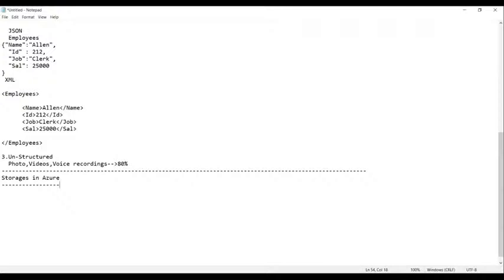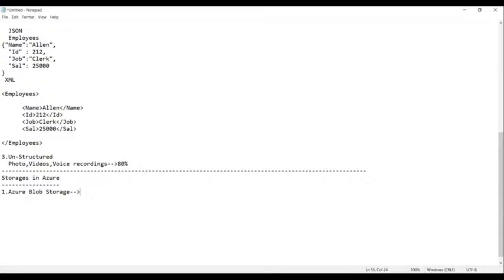The first and foremost one is called Azure Blob Storage. The Azure Blob Storage can store any kind of data.